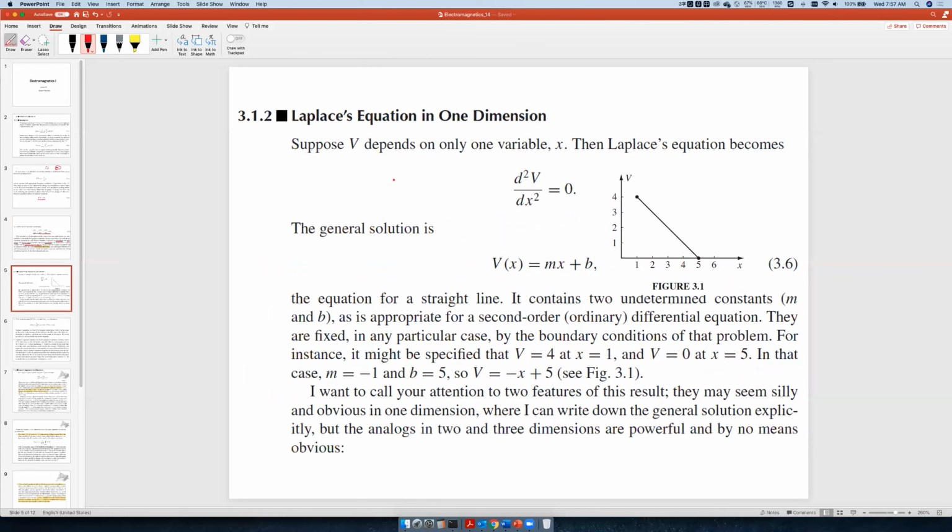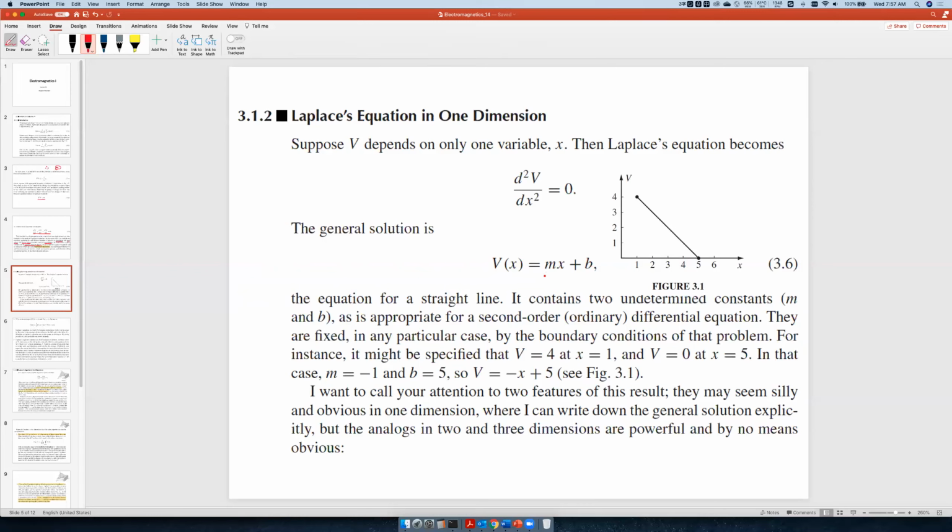Okay, let's start from the simplest case, which is Laplace equation in just one dimension. Suppose V depends on only one variable, which is x, then Laplace equation becomes d squared V over dx squared equals 0. And the general solution for such a one-dimensional Laplace equation is V(x) equals mx plus b.